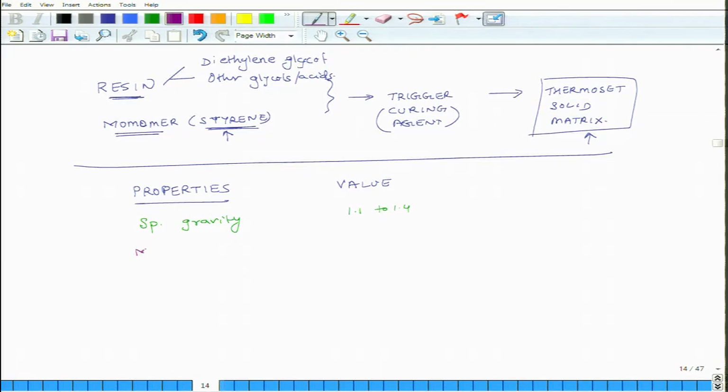Next is tensile modulus, in MPa. This is anywhere between 2000 to 4400.